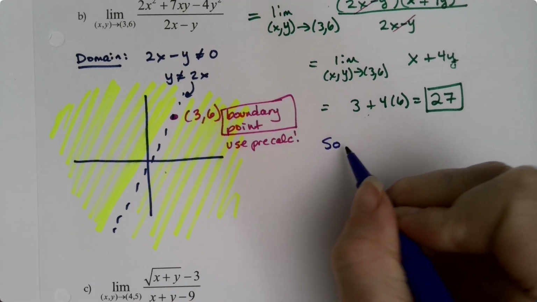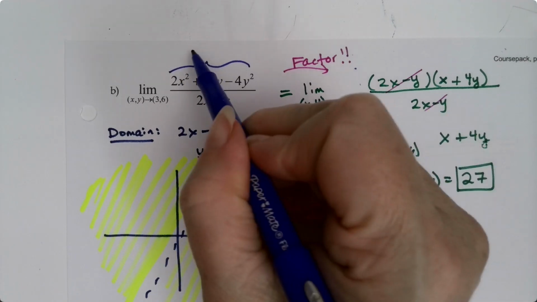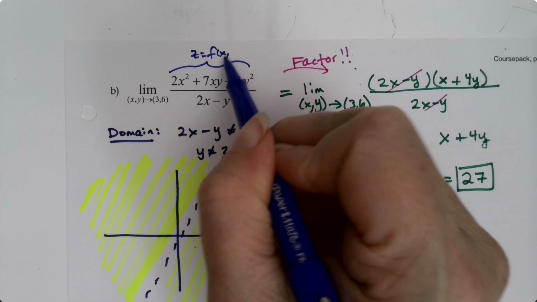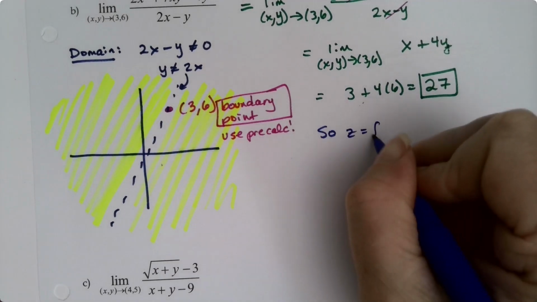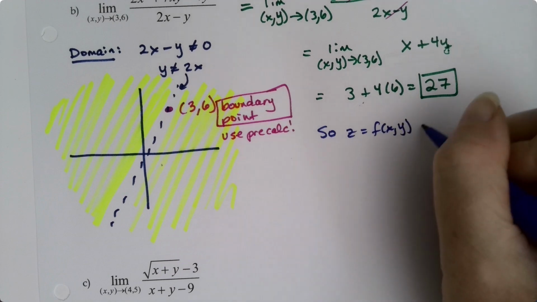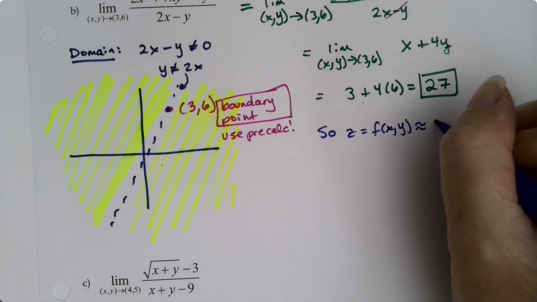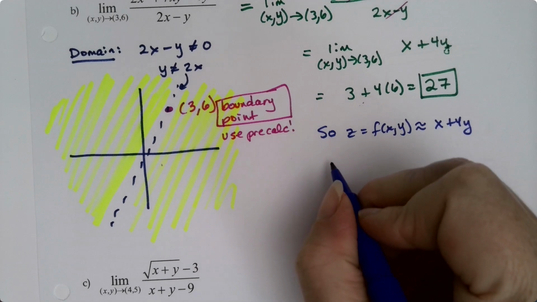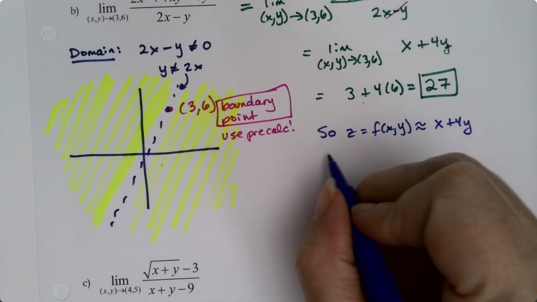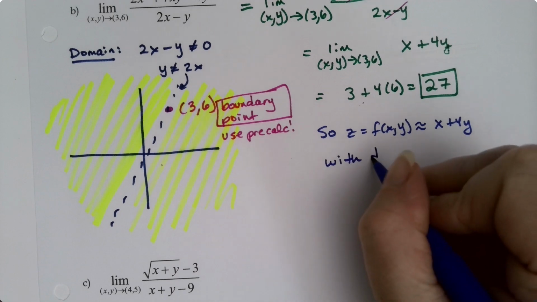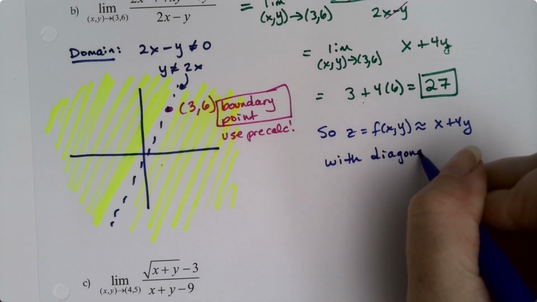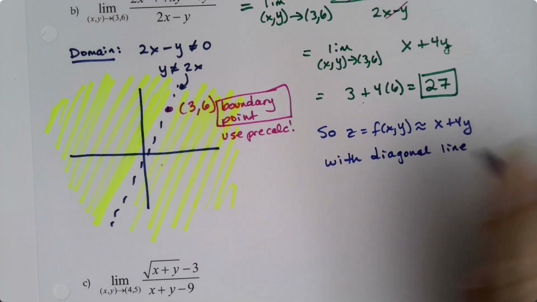So if I'm going to call this z equals f of (x,y), just bear with me here. That function is equivalent-ish, if you will, to x plus 4y, which is a plane with a diagonal line missing.